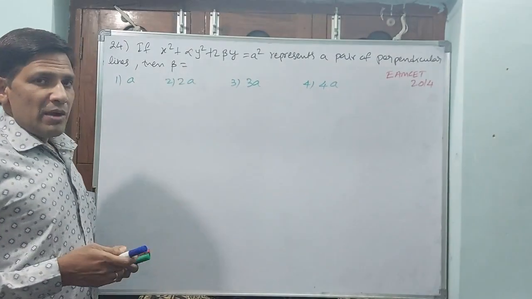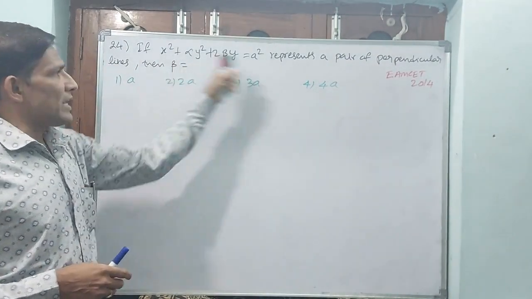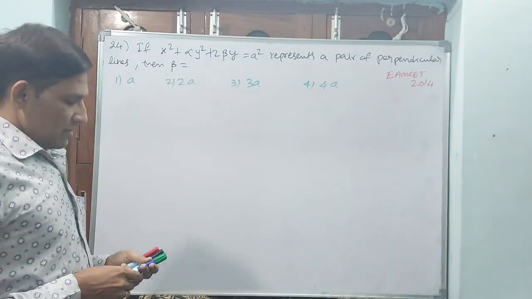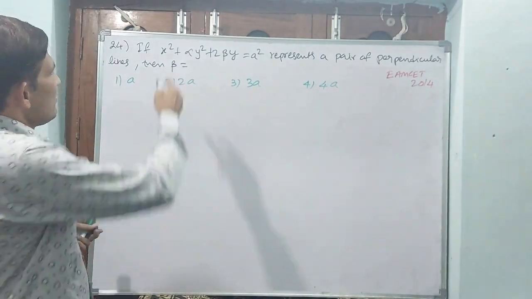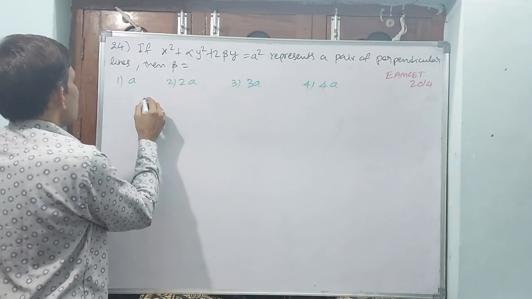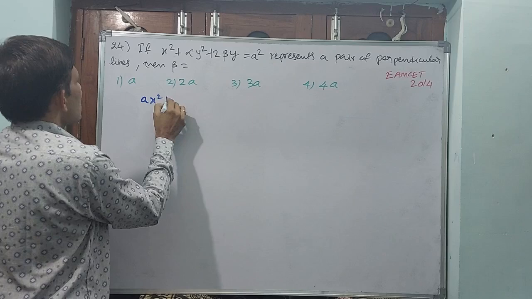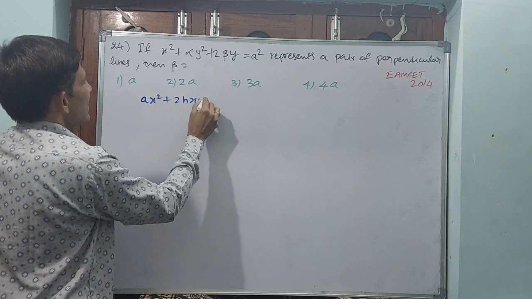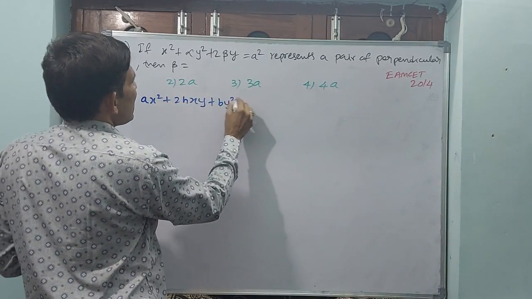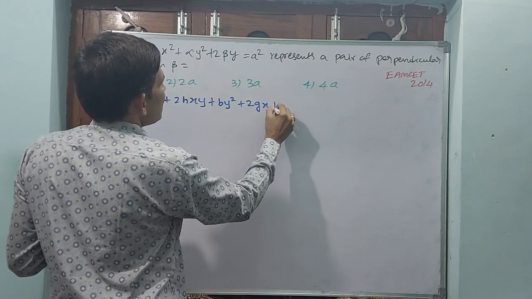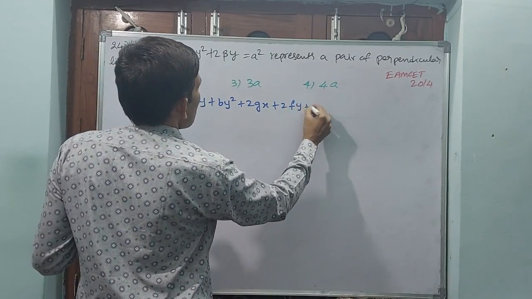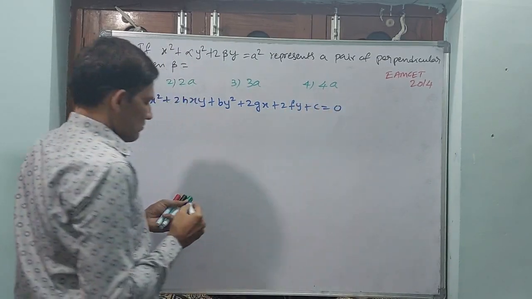Before that, you first streamline this equation. Let me write the equation in the proper way: ax square plus 2hxy plus by square plus 2gx plus 2fy plus c equal to 0.